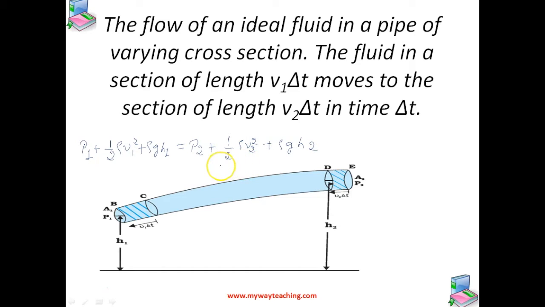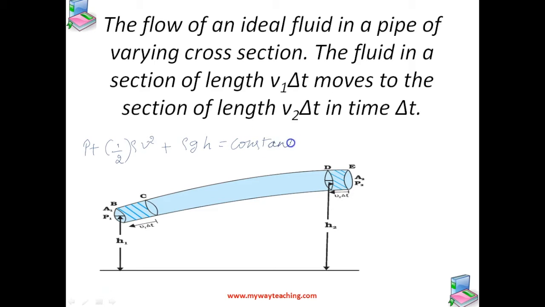1 and 2 refer to any two locations along the pipeline. We may write the expression in general as P plus 1 by 2 rho V square plus rho g h is equal to constant.